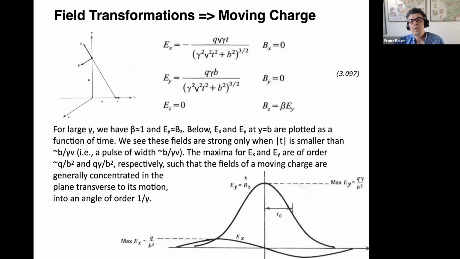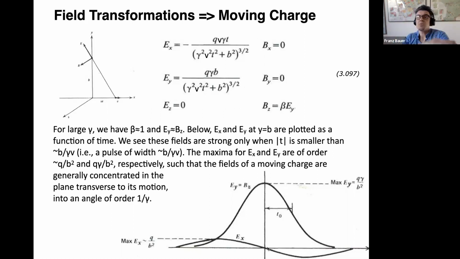And so if we think about the different terms, what's going to happen is a function of time. And so the Ex field will look something like this. It has a maximum which happens at about q divided by b squared. And so it will have a maximum here, a minimum here, that'll be about equal.